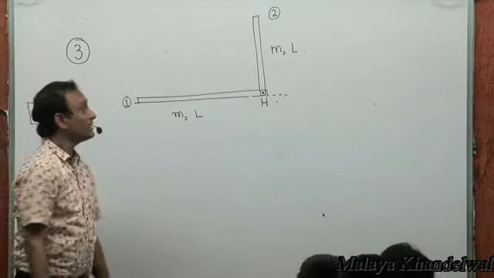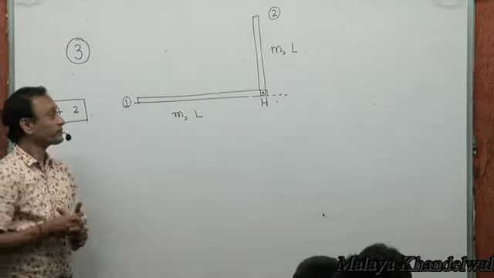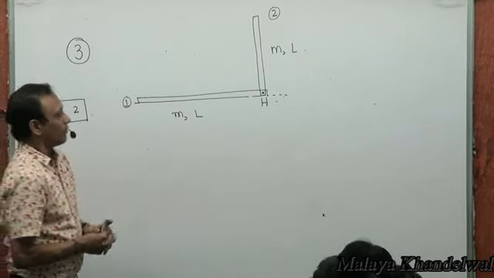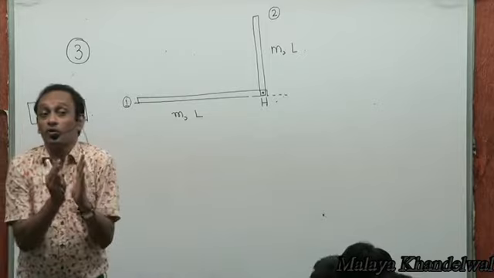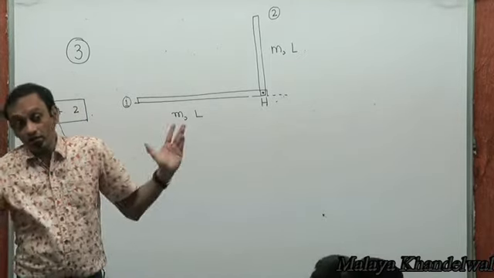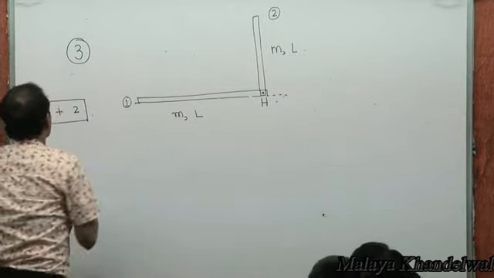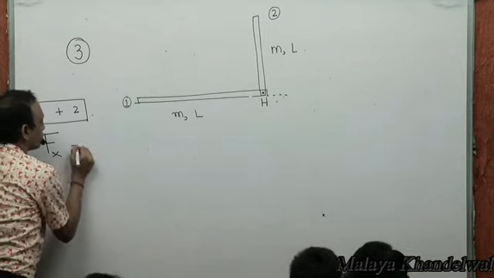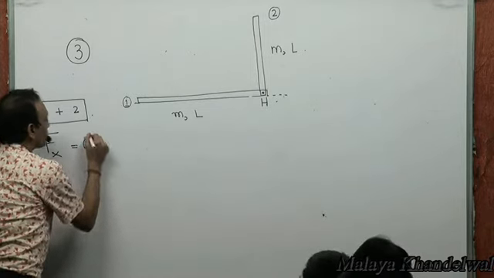Now, there are no horizontal forces acting on the system. Do you realize there are no horizontal forces acting on the system? So F in the x direction, which is the horizontal direction, is 0. Yes or no?